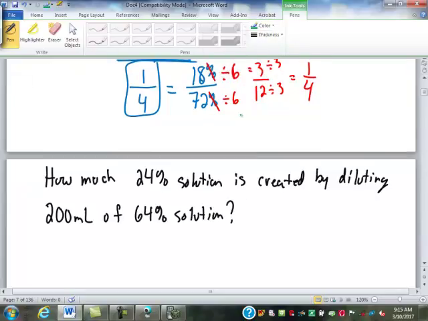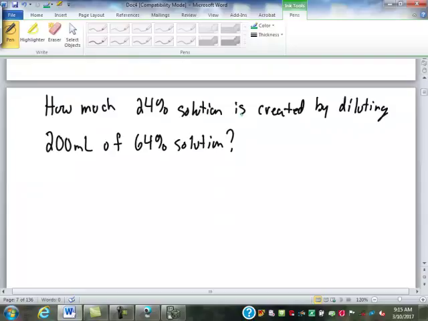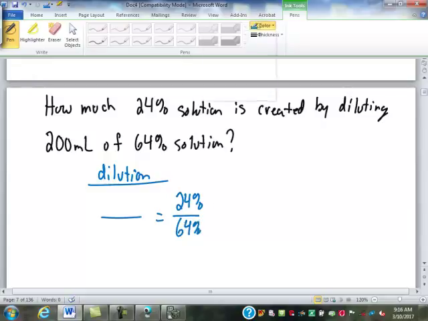So looking at this, we could look at the dilution created. Finding that dilution. Again, it's just going to be a matter of reducing this ratio. So what percent's going on top? 24 over 64.